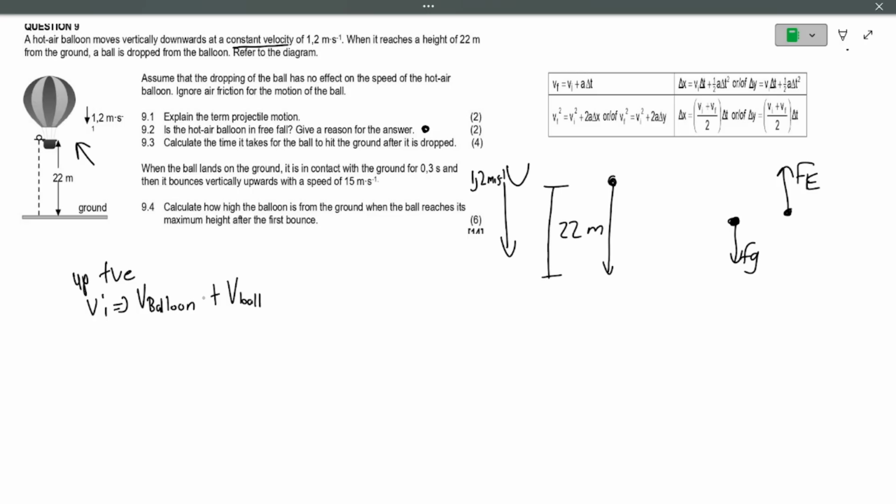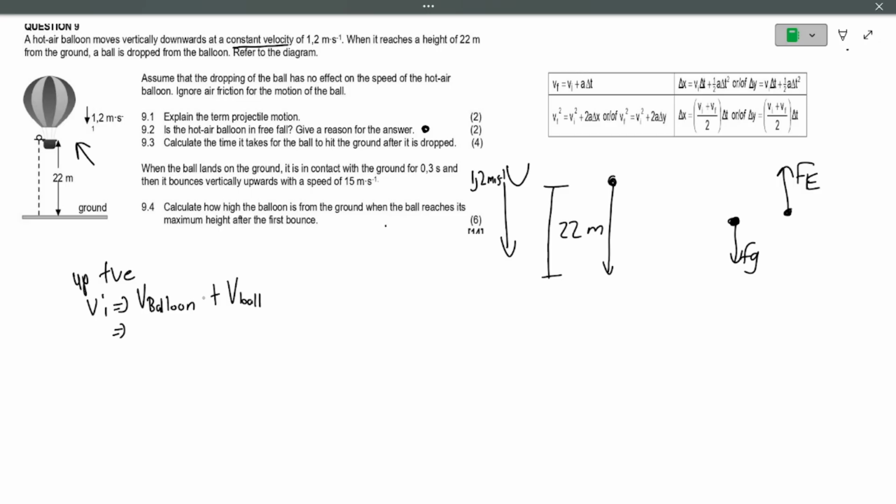You can just say the velocity of the object. So this is the velocity at which the balloon is moving, and this is the velocity at which the ball or object is thrown. The velocity at which it leaves will be a resultant vector of those two velocities. So you just have to add and subtract.